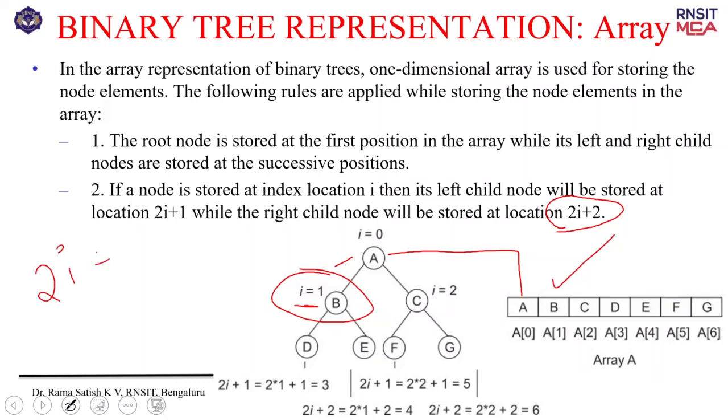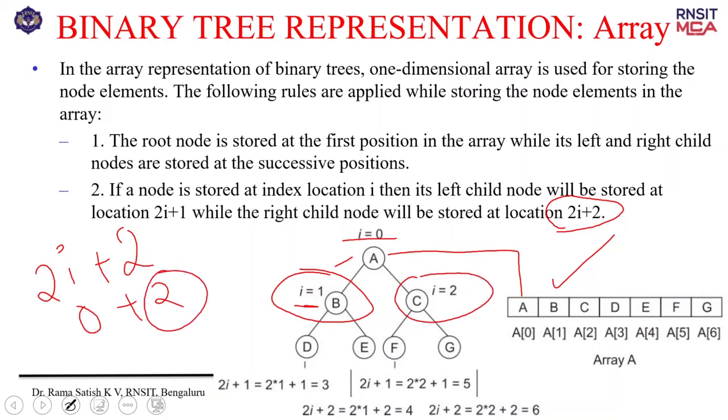We know the parent index position is 0. So, 2 into 0 is 0 plus 2. So, the right element C will be stored in position 2. That's what you see. C is stored in position number 2.